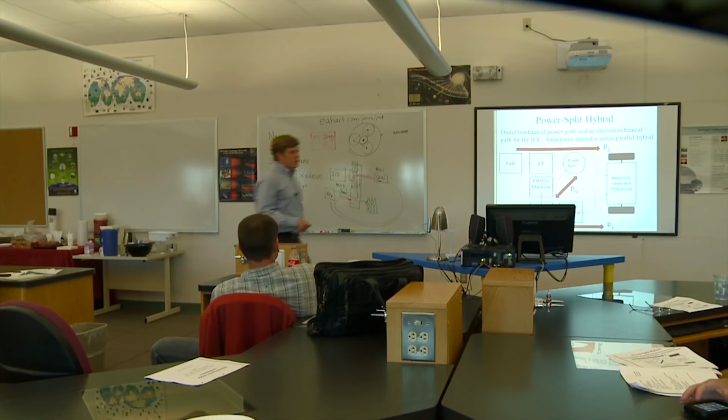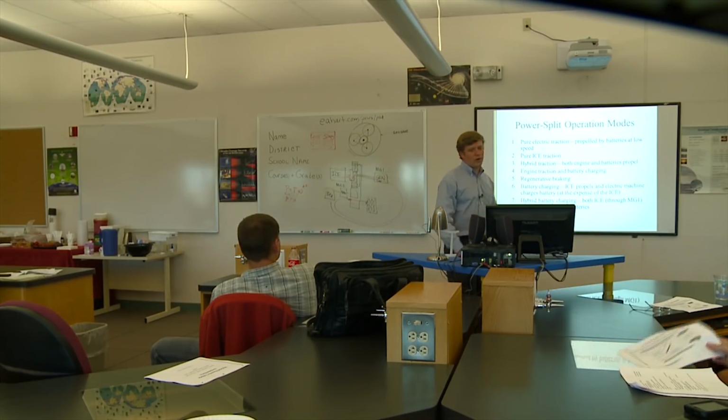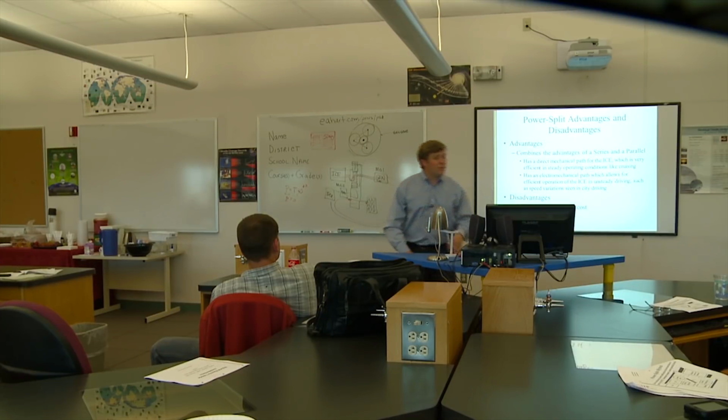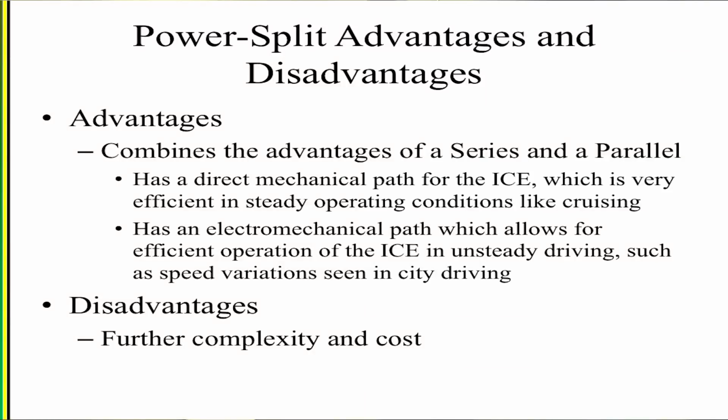So, okay, you can imagine now, what are the benefits? A little bit more on the modes here. The advantages are that you can get a little bit of each. You can have some series, you can have some parallel operation. When we played with that little diagram, you could see that the Prius power split can be designed so that at highway speeds, or something approximating highway speeds, it'll operate in mostly parallel mode.